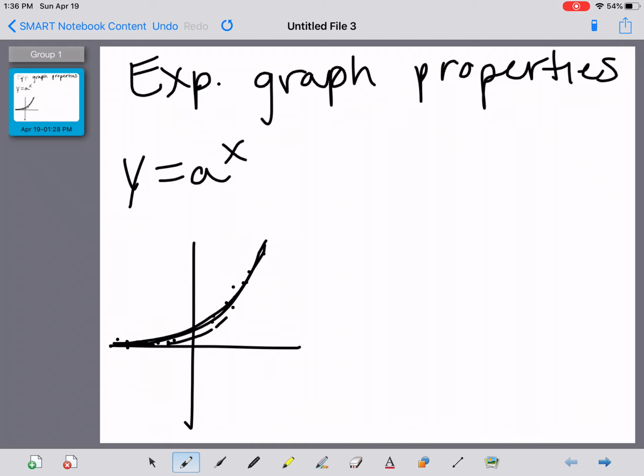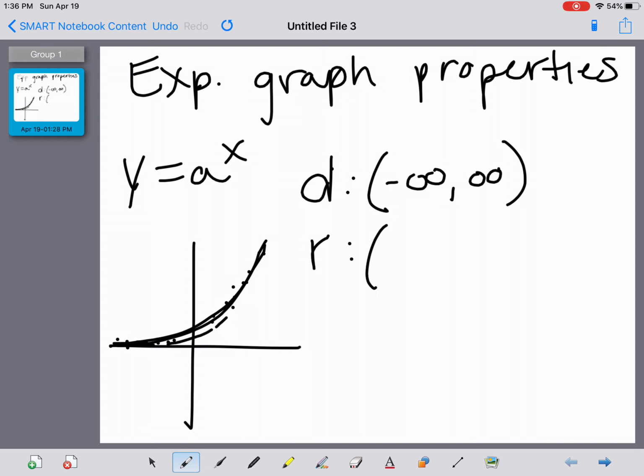First of all, the domain of the exponential, which is the x values, goes from negative infinity to infinity, goes on forever. However, the range, which is the y values, has a limit to it. That limit is that it has to be larger than 0, so it goes from 0 to infinity.